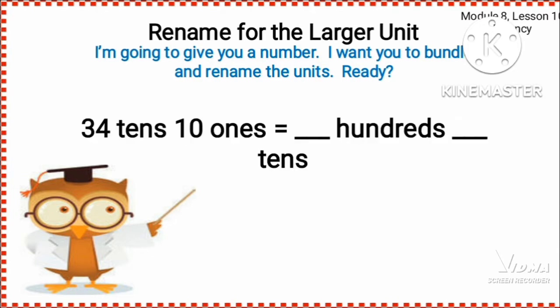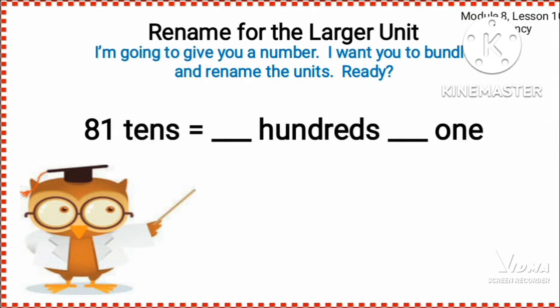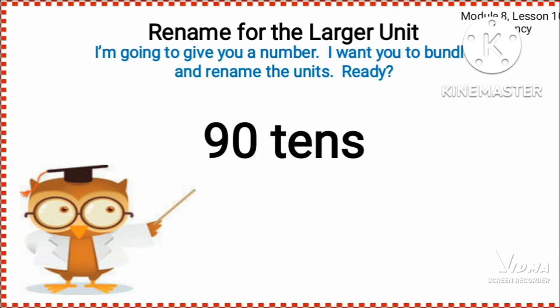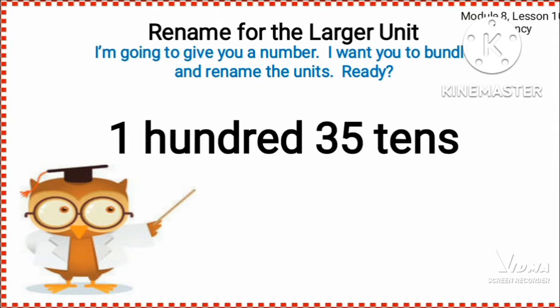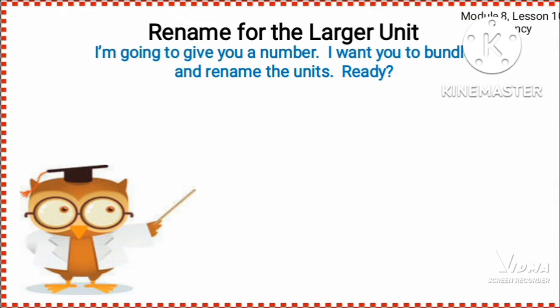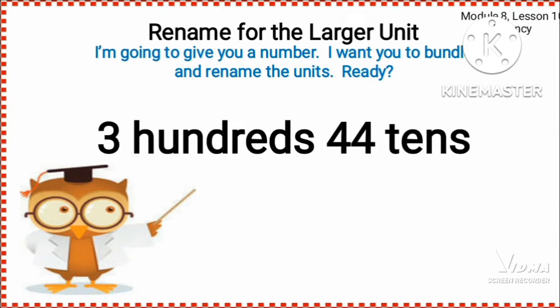300s, 5 tens. 500s, 7 tens. 800s, 10 ones. 900s, 135 tens is 400s, 5 tens. 300s, 44 tens is 700s, 4 tens.